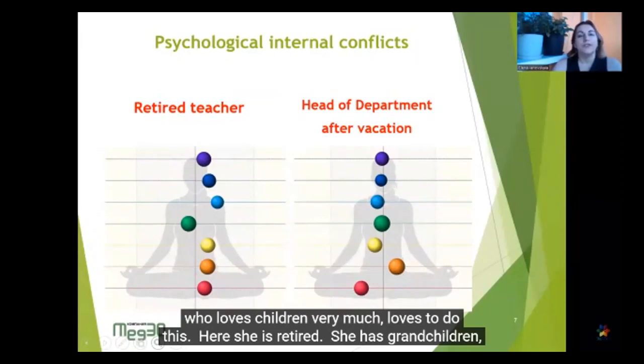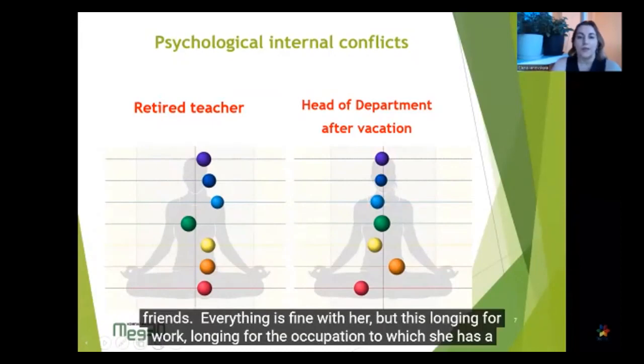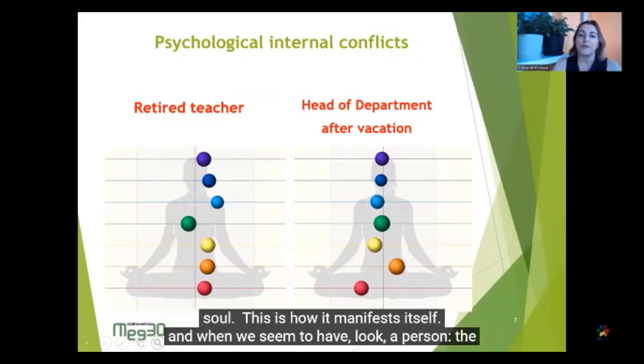She loves children very much, loves interacting with kids, but she's retired. So she has some business, she has things at home, she does what she likes actually, but everything is fine. But this longing for work, longing for the prior occupation in which she has a soul connection, this is how it manifests itself.